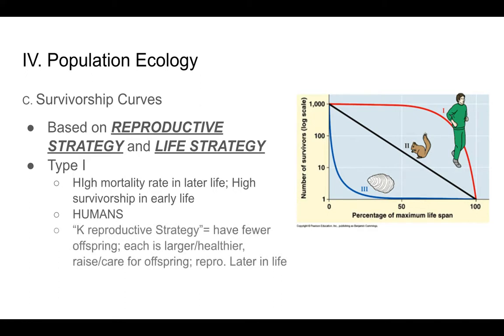That is because as humans, we have something called a K reproductive strategy. K reproductive strategists choose to have fewer offspring in life. And that means that each individual offspring is larger and typically healthier.